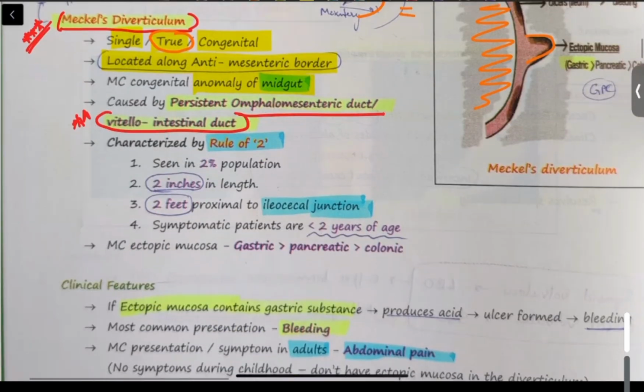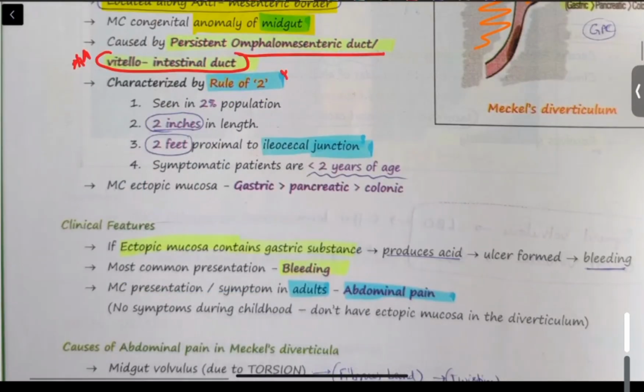So what are the characteristics? It can be remembered as the rule of 2. It is popularly known as the rule of 2 diverticulum. It is seen in 2% of the population. It is usually 2 inches in length, and it is usually 2 feet proximal to the ileocecal junction.